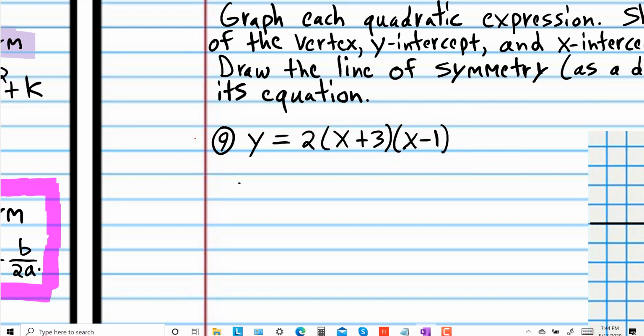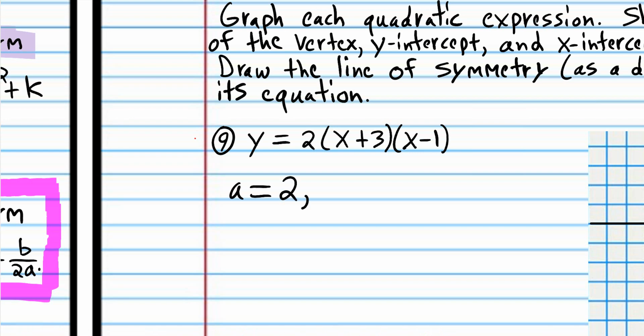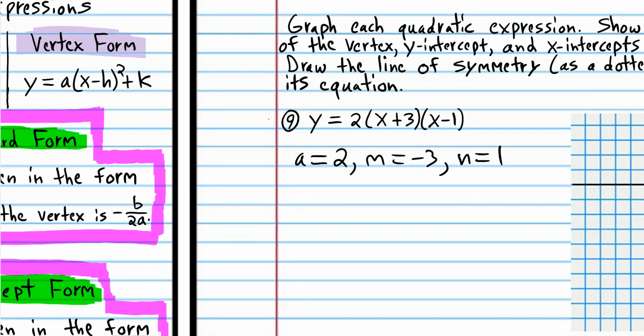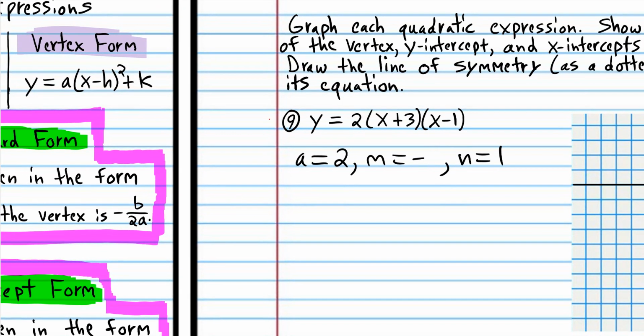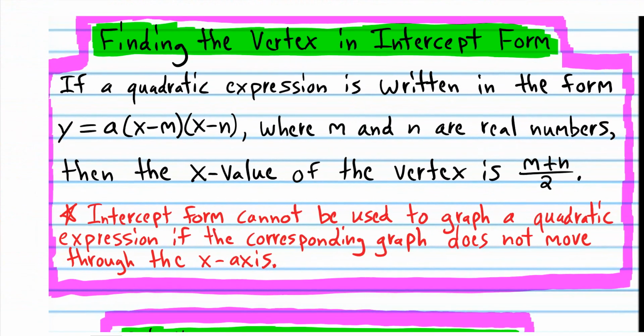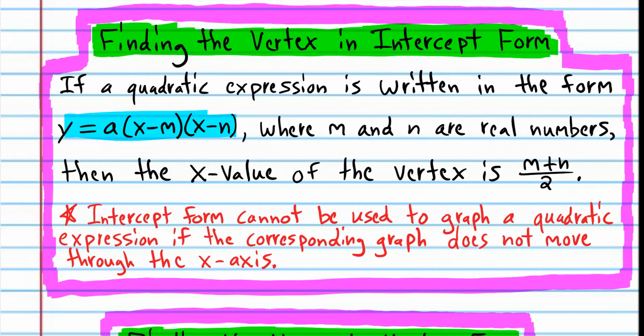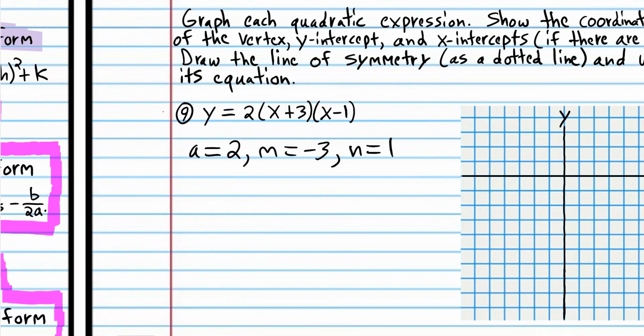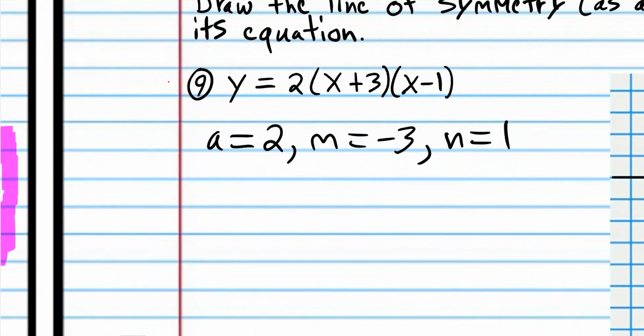And so let's go ahead and write the constants. Remember, the signs change for m and n. And we are using this form here, intercept form, because we can see the x-intercepts just by looking at it.